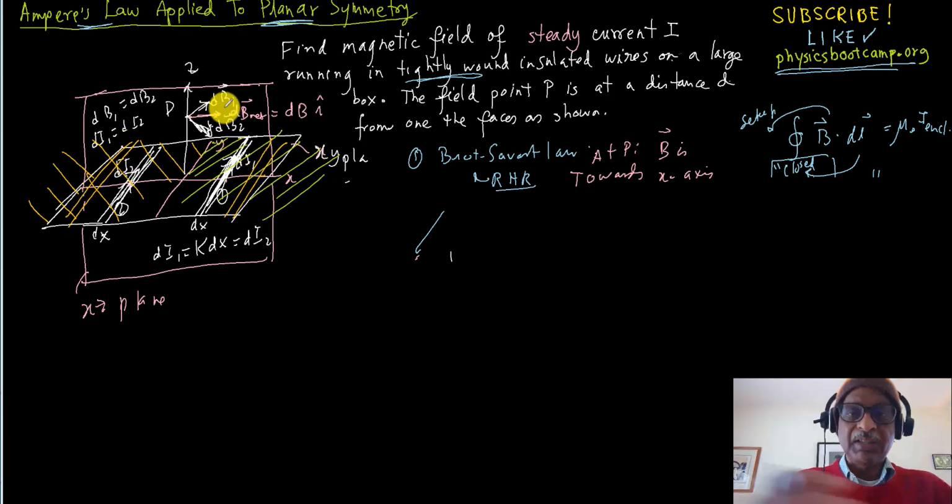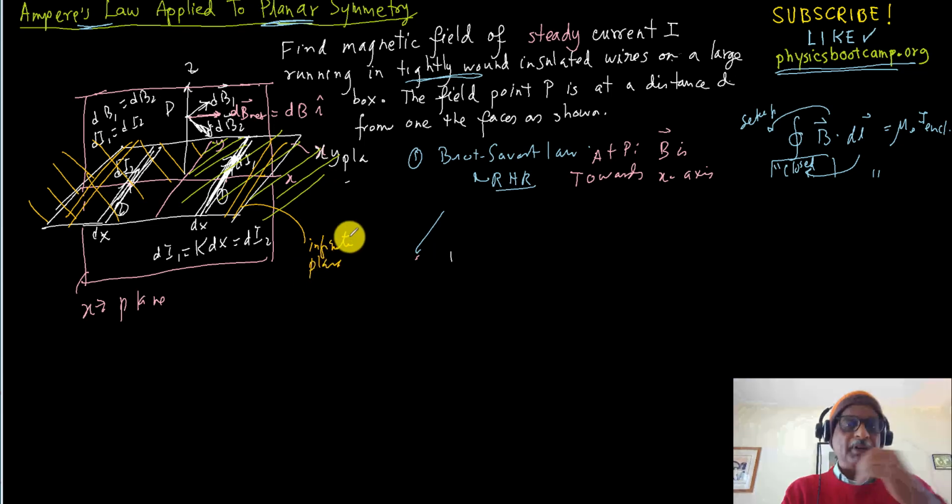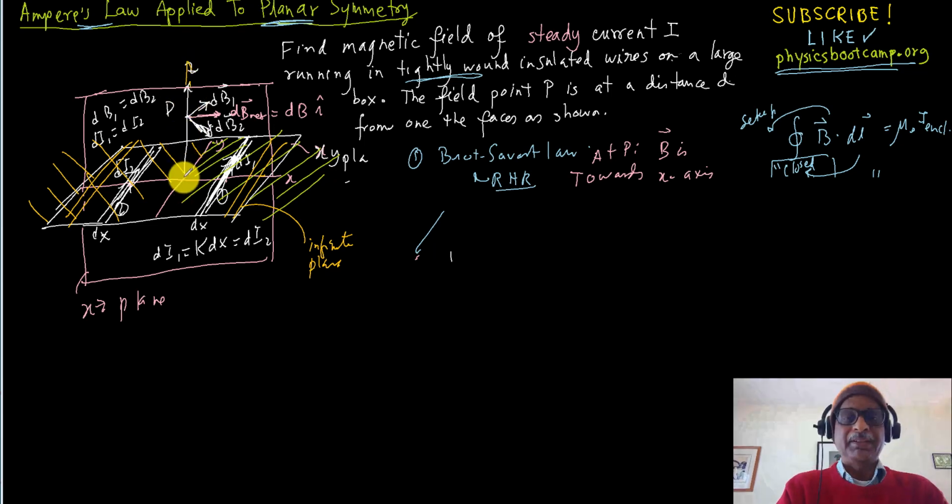And that's why an infinite plane is needed. In an infinite plane, there's always going to be matching, right? If you have a finite plane, then this will happen on this z-axis, symmetrically placed. But in an infinite plane, this will happen at every point.